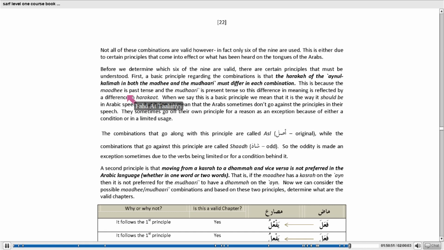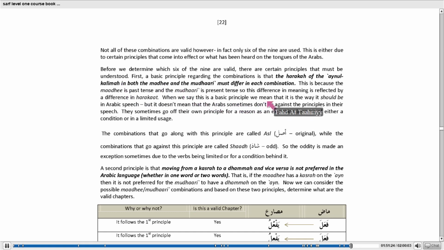A madi expresses an act which is done in the time before speech. A mudari' expresses an act which is done in the time of speech. Okay? So because of this difference in meaning and in the role it plays, it was suitable for the haraka of the ayn in the madi to be different than the haraka of the ayn in the mudari'.